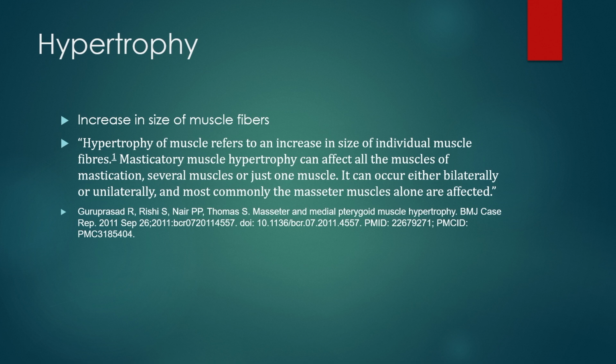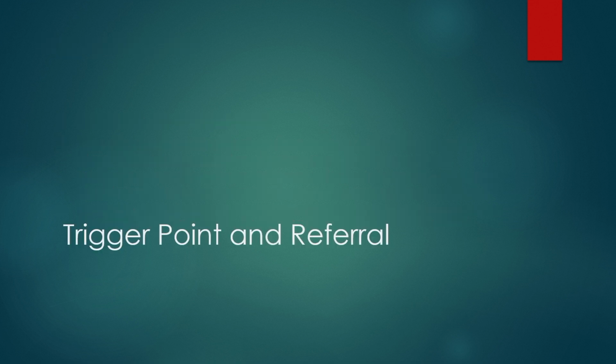Now, a couple of the guys have already talked a little bit about trigger points and referral. I wanted to break it down a little bit more and really explain what trigger points are. I know they've talked a little bit about how to palpate, but I want to tell you the reason why that works, okay?